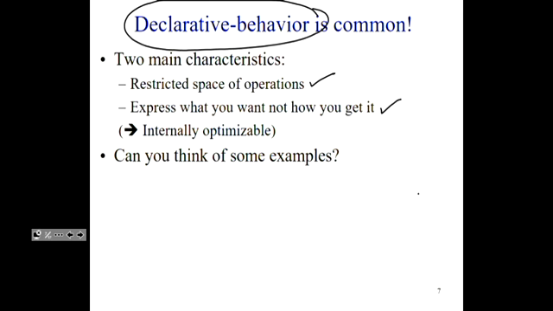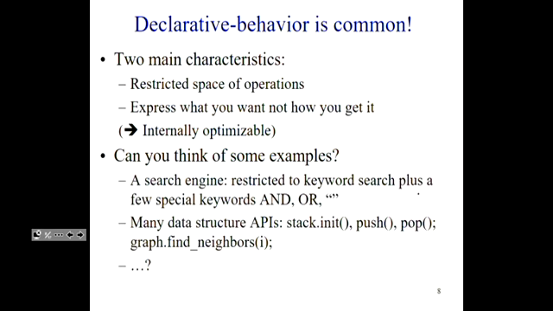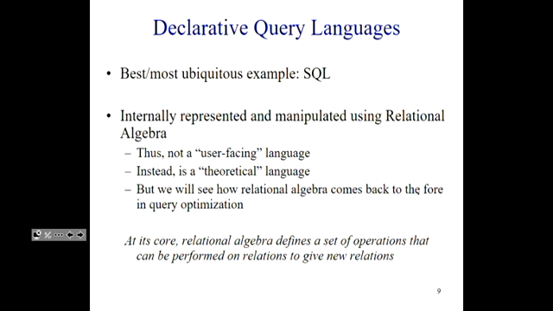So this declarative behavior is common, but in some sense, the database community has adopted that as a guiding principle in building these database systems. Okay, so the declarative query language that we are going to be covering in the class is SQL, the structured query language.